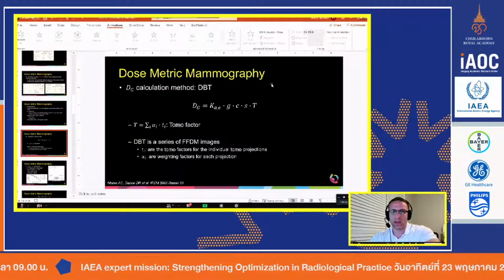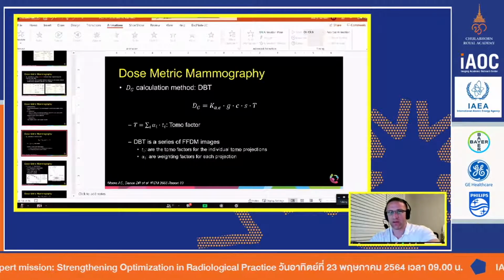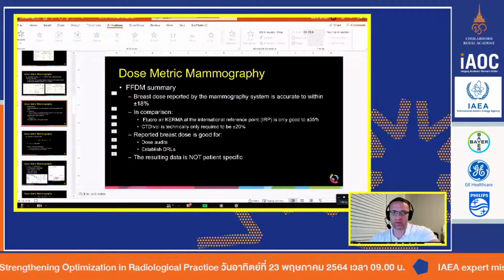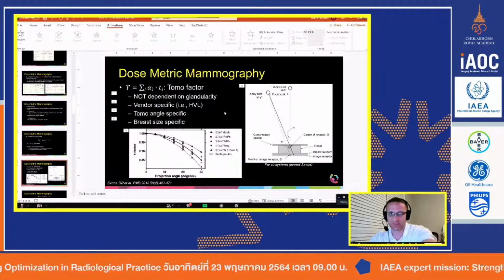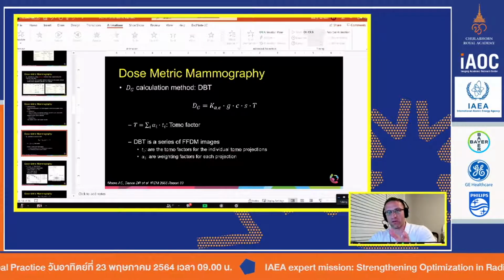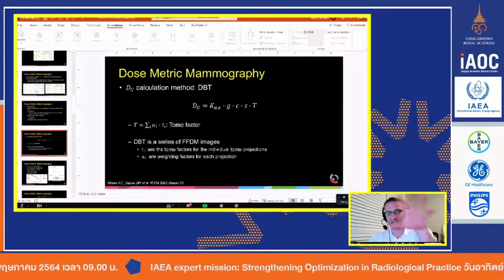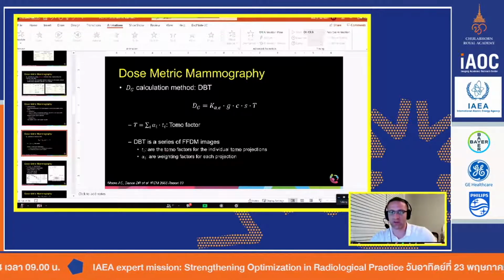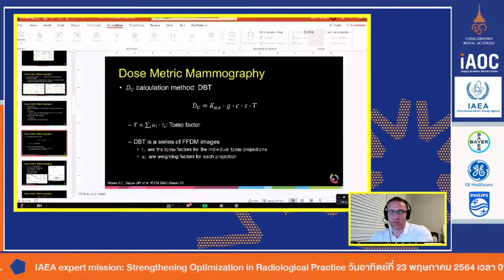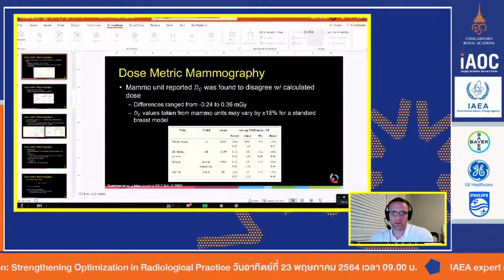So in this method, which is the Dance method, there we go. These values of air kerma, the amount of glandularity, the correction of glandularity based on the image itself and the spectrum, all of these values are based off of tables.